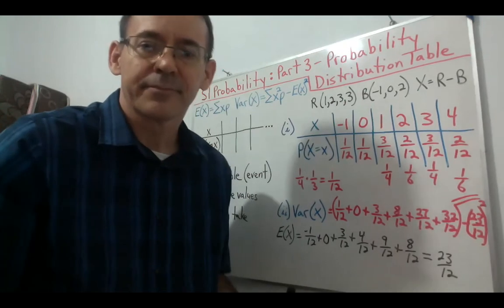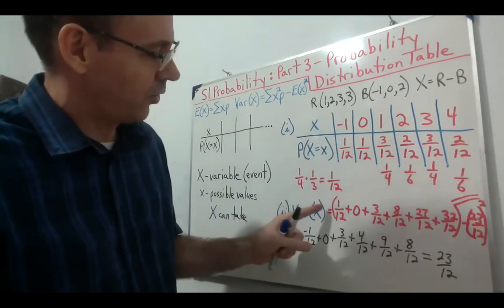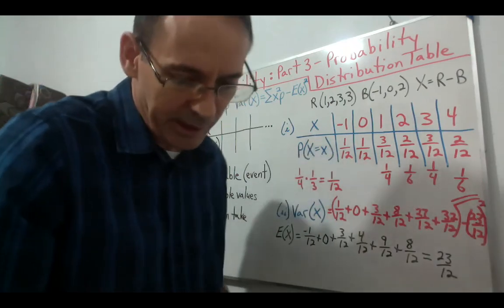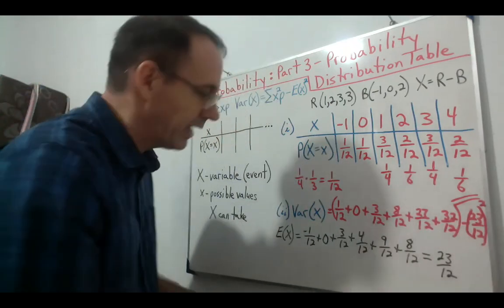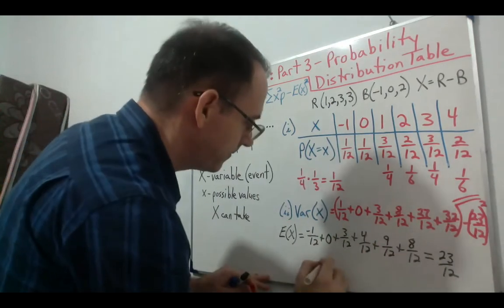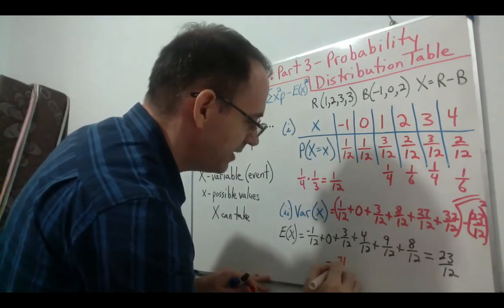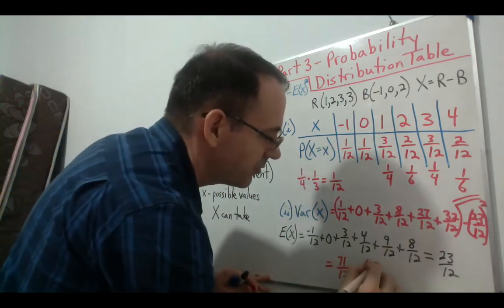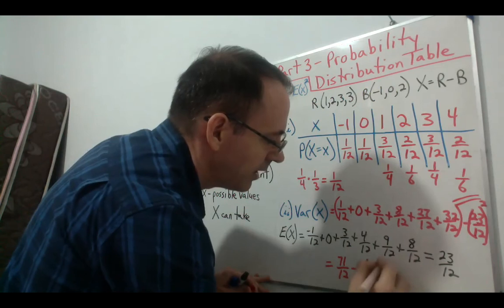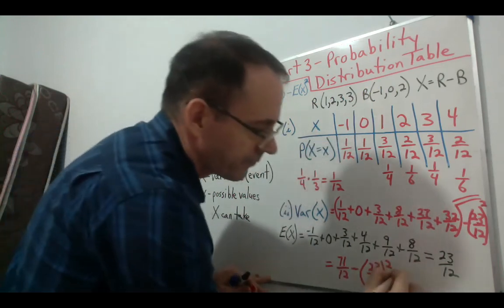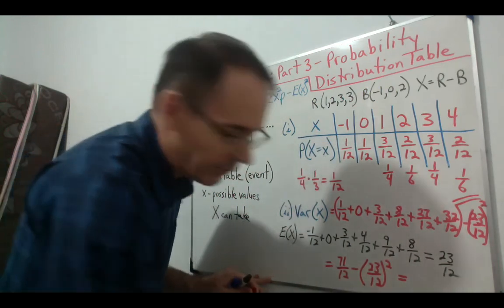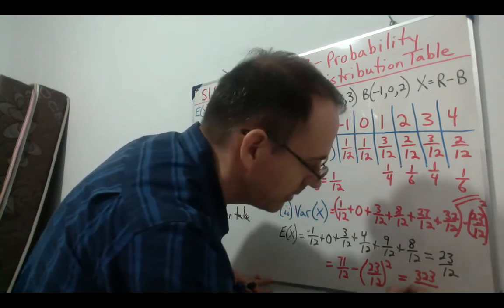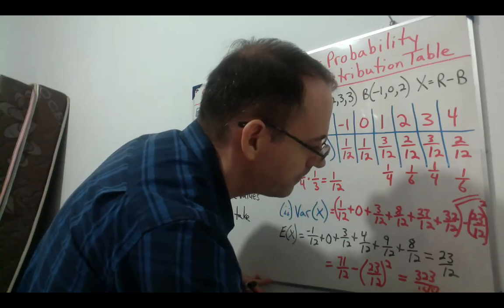squared. Okay? So when you calculate all of this, you're going to end up with 71/12, all of this in here, put it down here, 71/12 minus our 23/12 squared, and you calculate that and it will come up with 323/144.